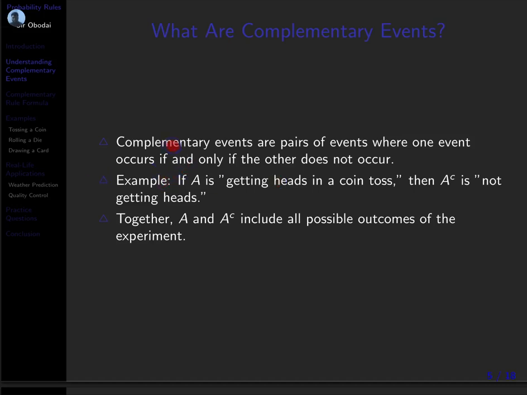So for instance, if A is the probability of getting the head of a coin, then this over here becomes what? The event of not getting a head. Right? So A becomes the main event, A^C, or we say the complement of A, becomes the complementary event. So all together they form the possible outcomes of an experiment. Soon we'll be looking at a relation between them.